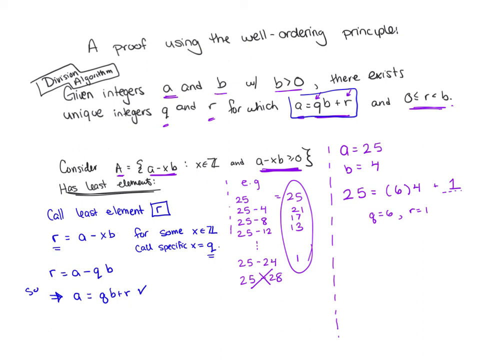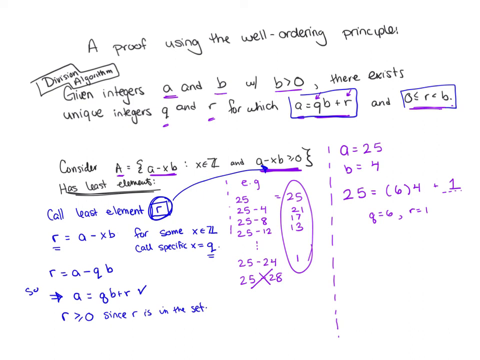And the other thing I wanted to show was that r was bigger than or equal to 0 and less than b. So let's think about how we do that. The set only contained elements that were greater than or equal to 0. So I know that r is greater than or equal to 0 since r is in the set.